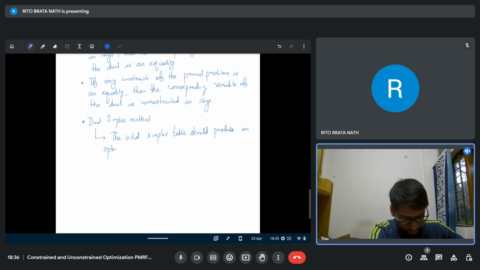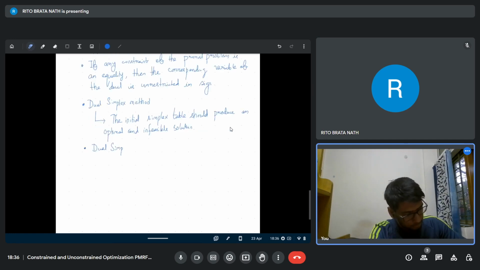Yeah, so we don't care about feasibility, right? And in the dual simplex table, the variable which departs the basis is identified before the entering variable.